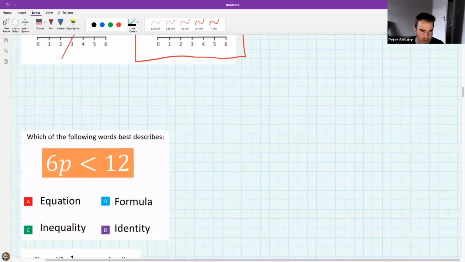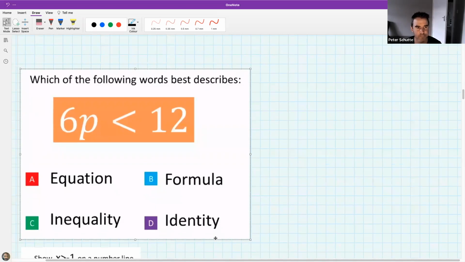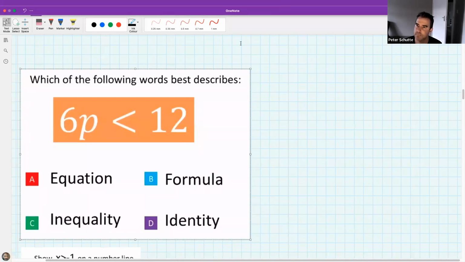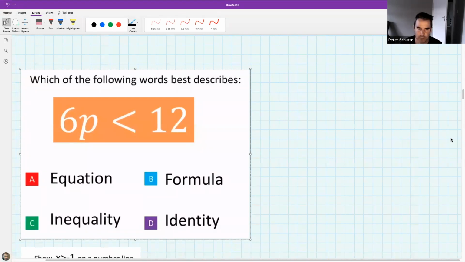Okay, let's do this one. Which of the following words best describes 6p less than 12? So this is just a vocabulary type section.